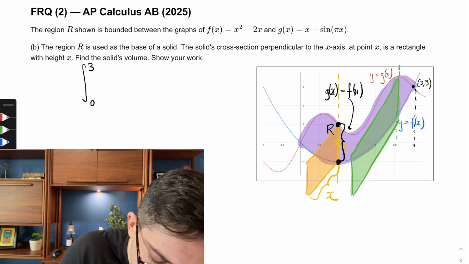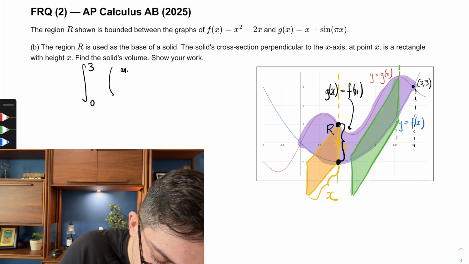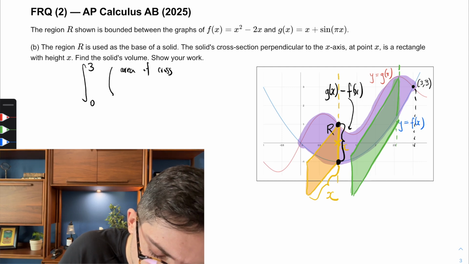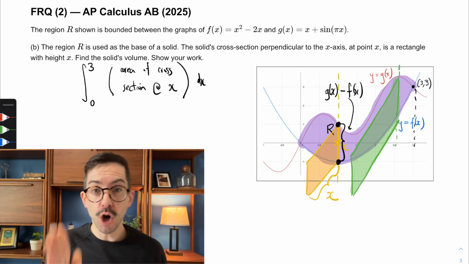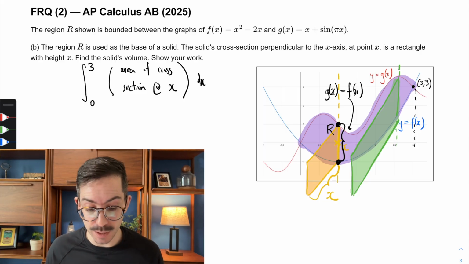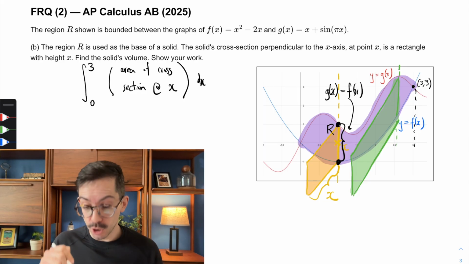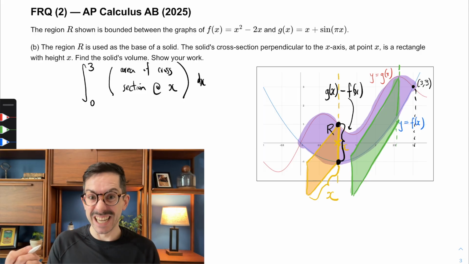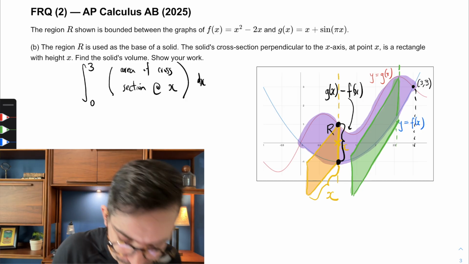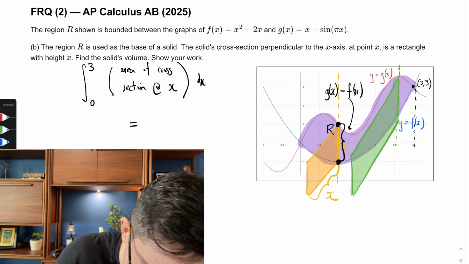And I want to calculate the integral of the area of the cross-section at each x along the way as I take my slices all the way from x equals 0 up to x equals 3. Well, the good news is the cross-sections are just rectangles, and we've already worked out what the side lengths are, so the area is just the product of those side lengths. So let's write out what this is going to look like here.